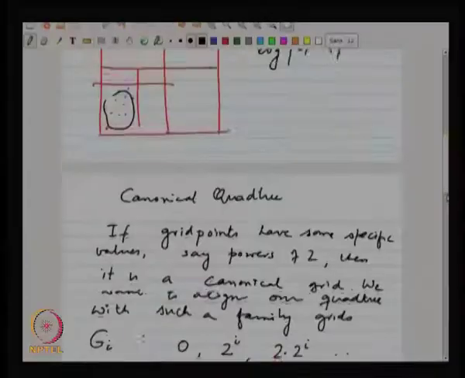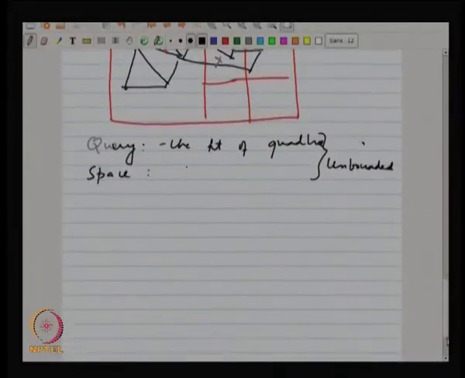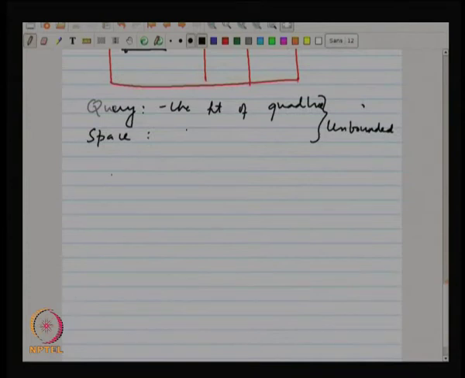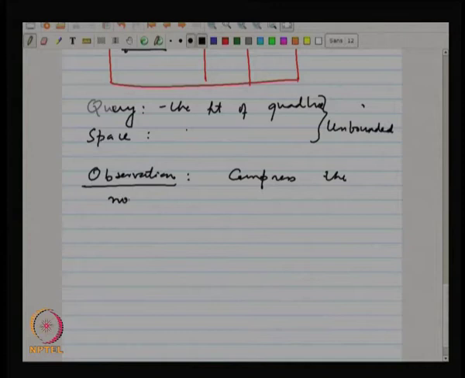That is one easy observation, to do something to the structure of the quadtree. So one observation is: compress the nodes having only one child.